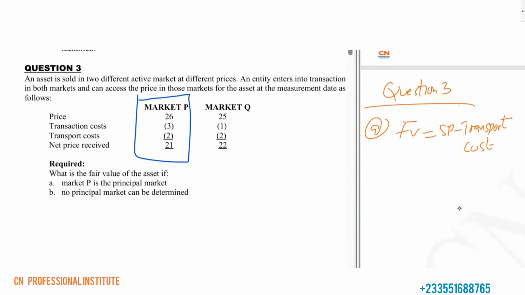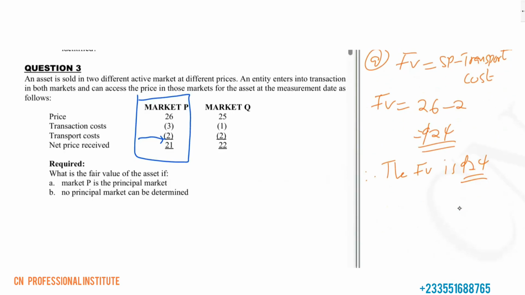The selling price in market P is 26, and your transport here is 2. And that gives us what? 24 cedis, right? So therefore the fair value is 24 cedis. Now let's go to B.